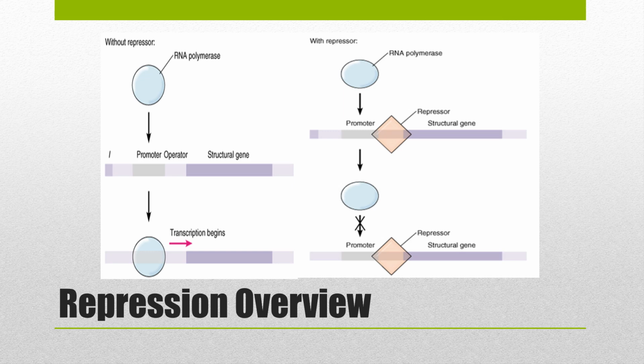And in this case, that off switch is a physical roadblock preventing anything from actually going past that point. It is a repressor molecule that is going to stand in the way of the promoter site. So it is a physical thing that prevents transcription from even happening at all. And therefore, that protein will not be made further down the line. Because if transcription doesn't happen, mRNA won't be made, therefore amino acid chains won't be made, therefore the protein won't be made.